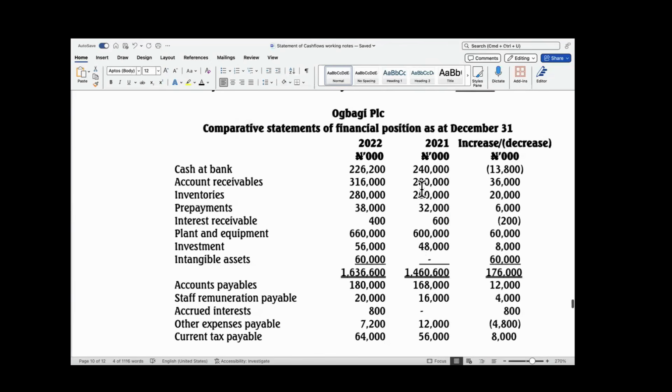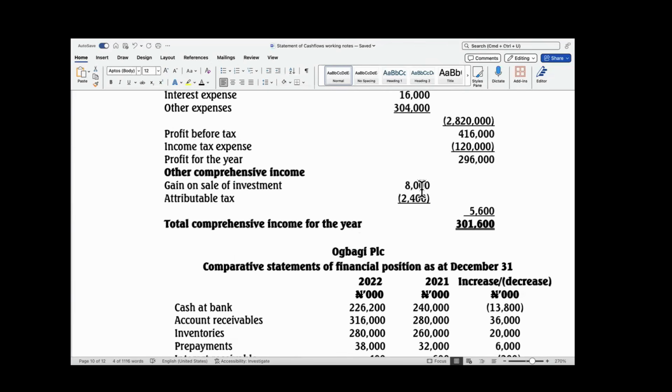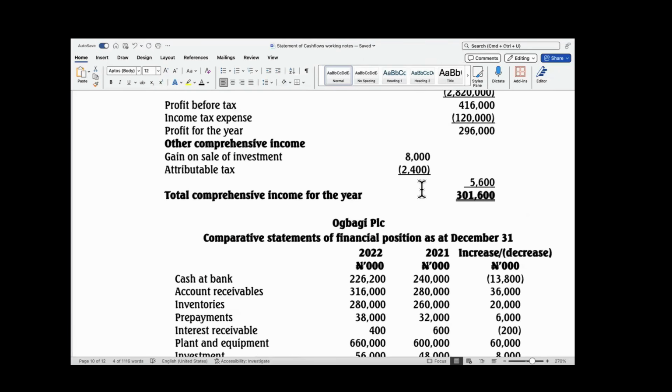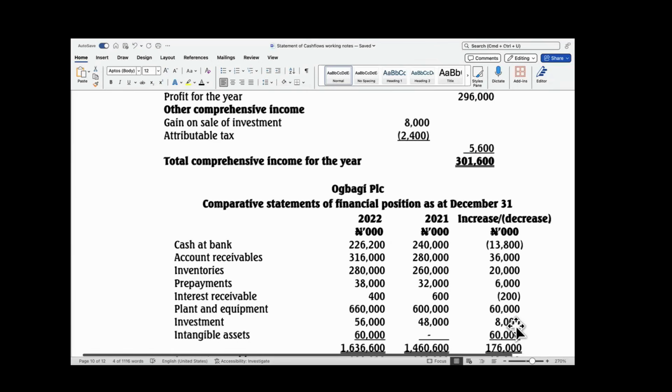Yes, I actually get your points. It's a mistake from the examiner. I know that this gain on sale is not actually gain on sale. What the examiner wants to put there is actually fair value gain on investment.